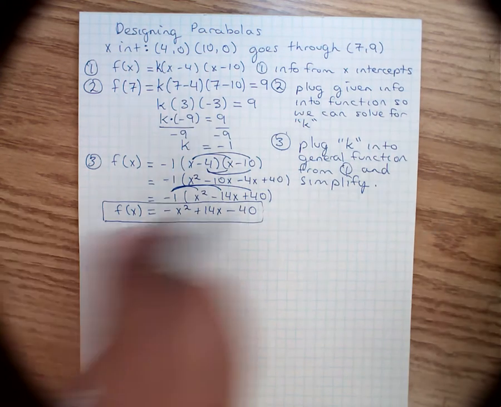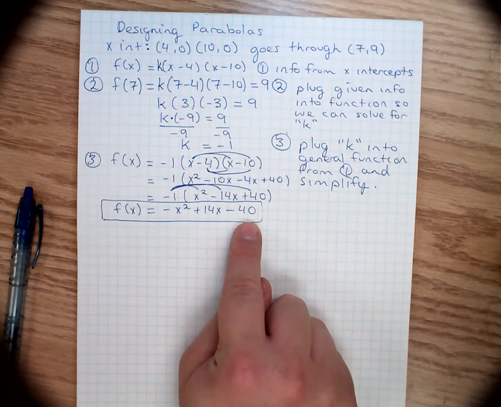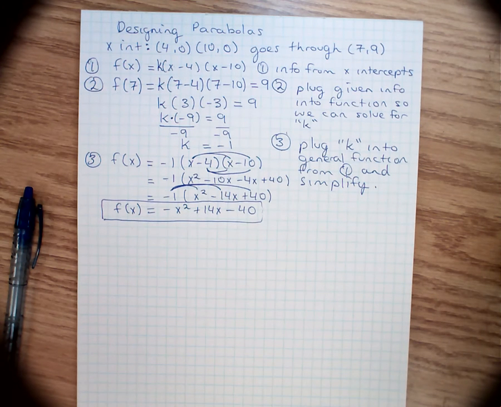Okay, that's a general term for find this end answer right here. Distribute out. Because we distributed, we combined like terms, and we distributed again. Simplifying is a way of saying do all that. And that's your toolkit entry for designing parabolas.